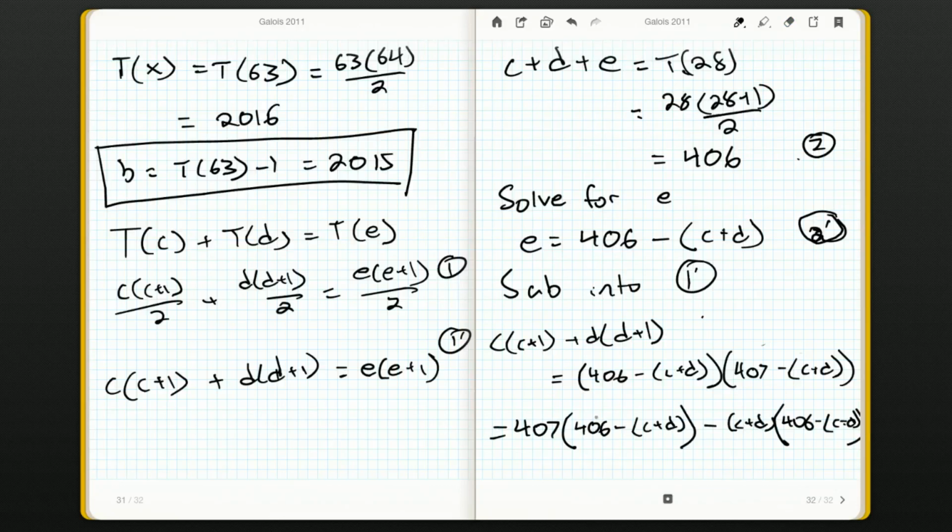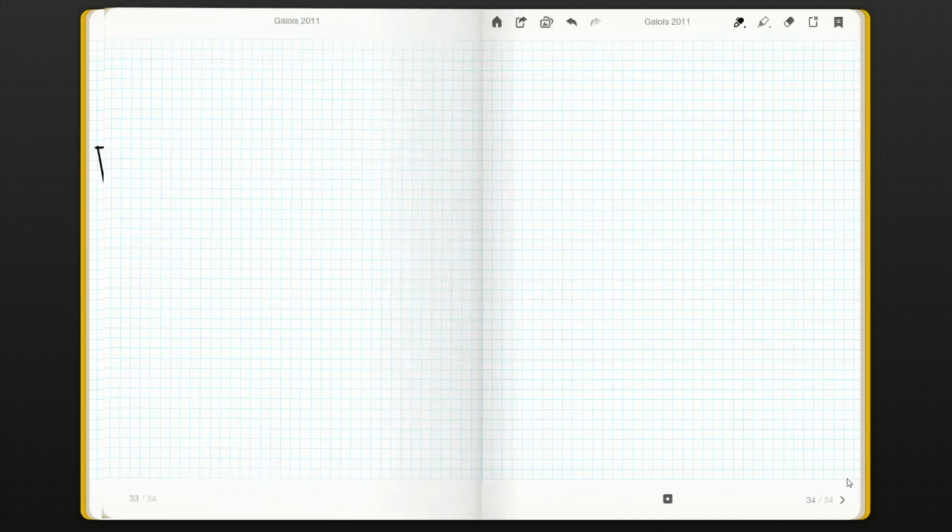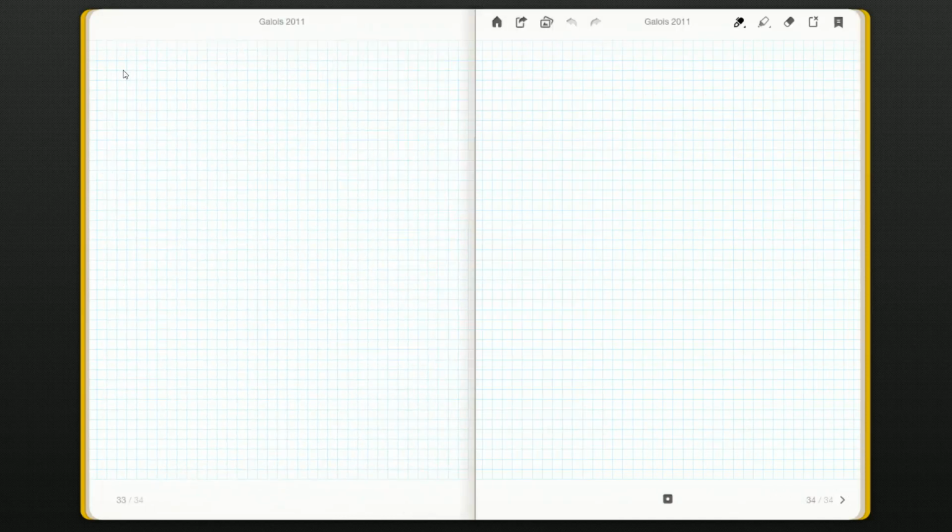So I'm liking the first term here. I don't want to mess with it right now. I have a feeling I'll divide by 2 at some point. This second term here, I think I'm going to expand it out. And I'm also going to expand the c times (c plus 1) and d times (d plus 1) on the other side.